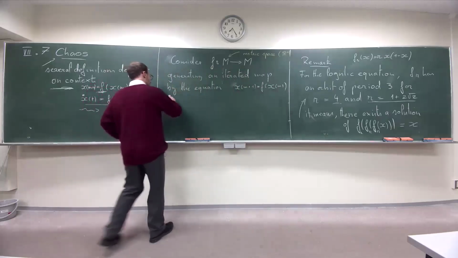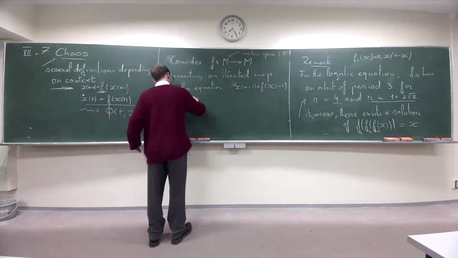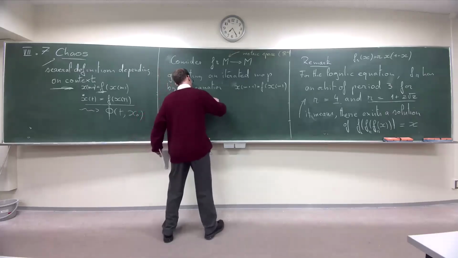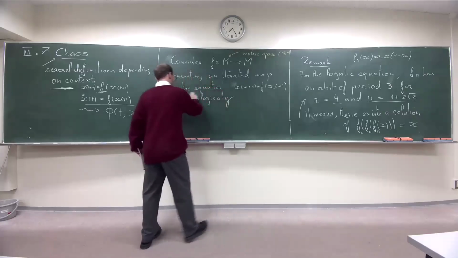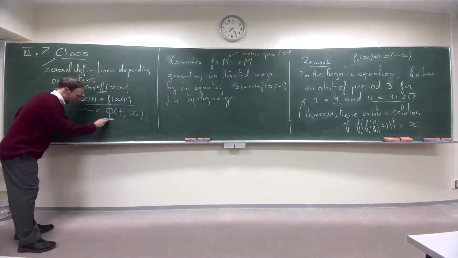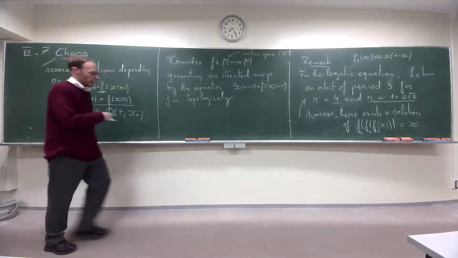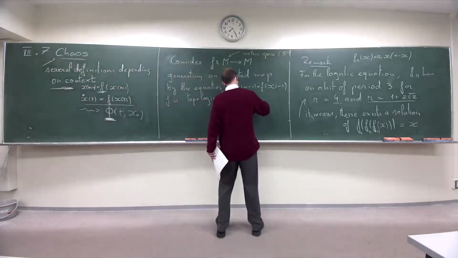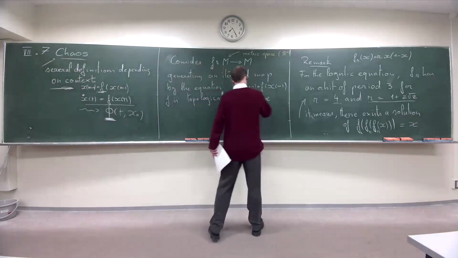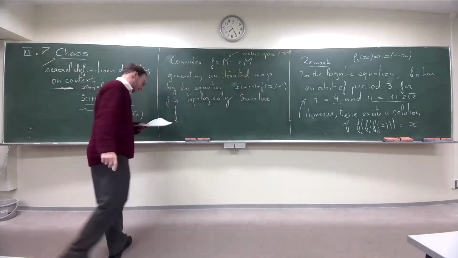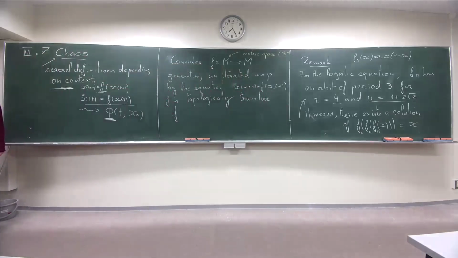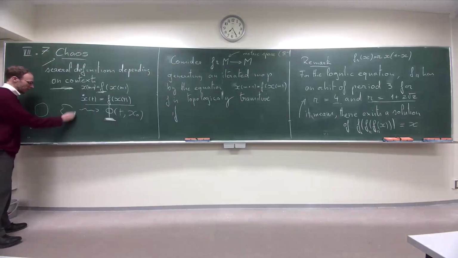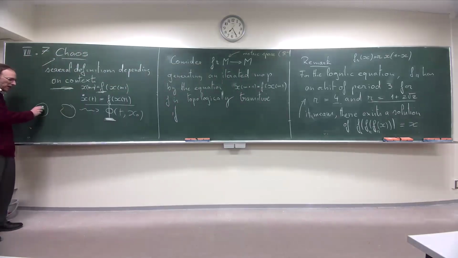We say that f is topologically transitive. It's very similar to the continuous time, but the continuous time precisely was expressed in terms of the flow. Now I don't need it. If you remember the definition of topologically transitive, it was: take two sets and move one of them with the flow, and it should at a certain point cross the other one.